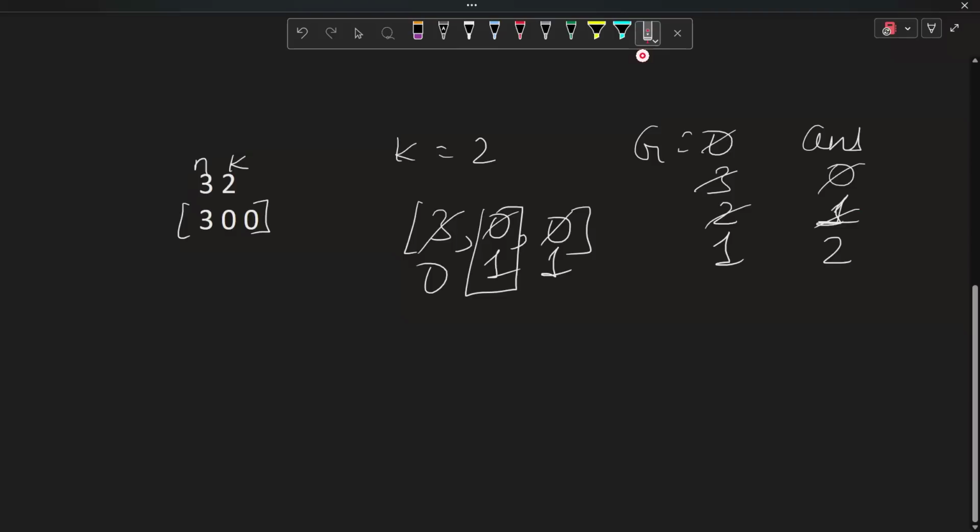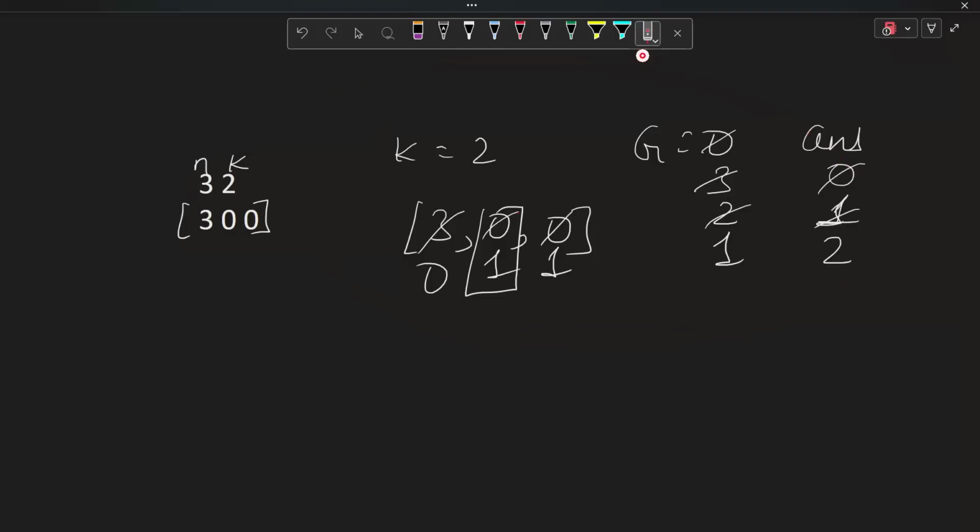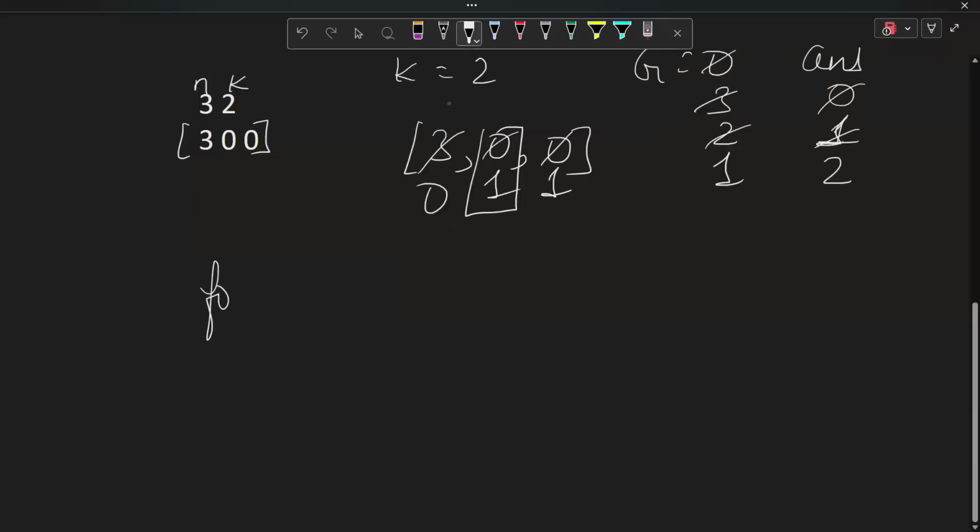So we just need to implement the dry run I did here in our code. One by one, we move to every index from 0 to n minus 1 and check if Ai is greater than or equal to k.